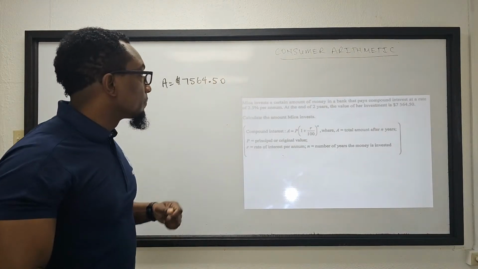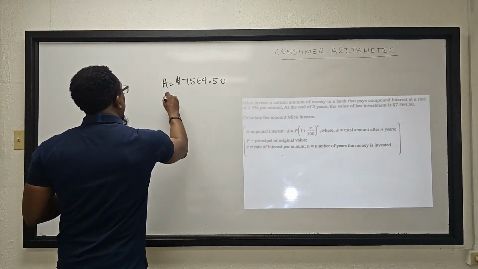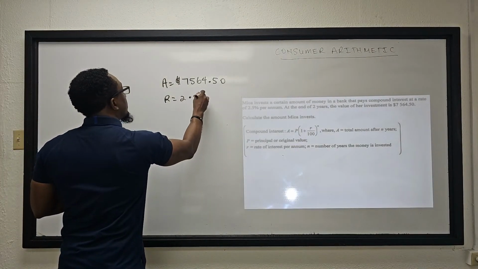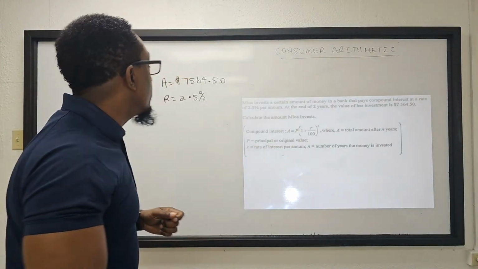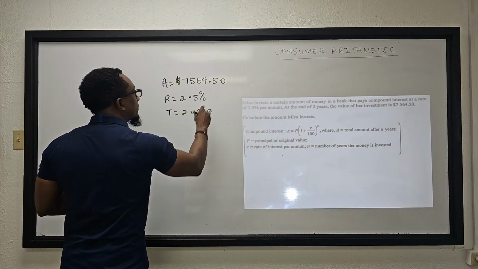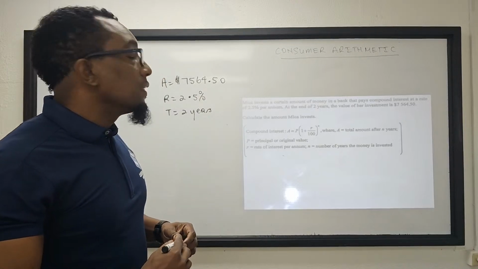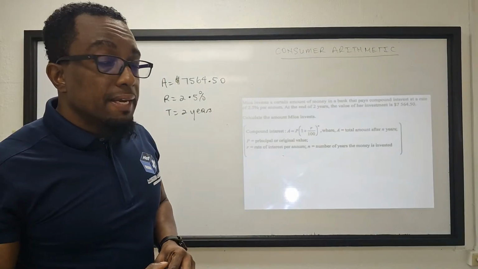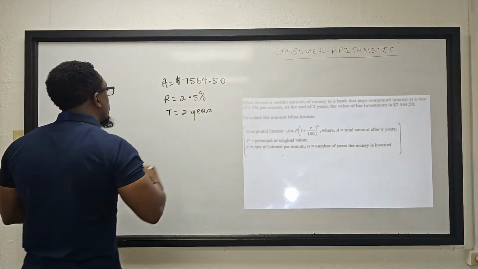We know the rate is equal to 2.5%, and the time, of course, is 2 years. And we are asked to determine the amount Micah invested, which is the principal. So we need to determine the principal.